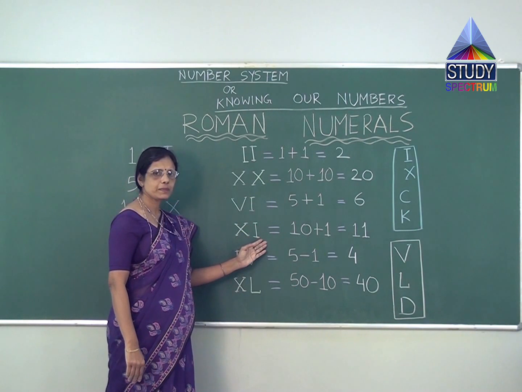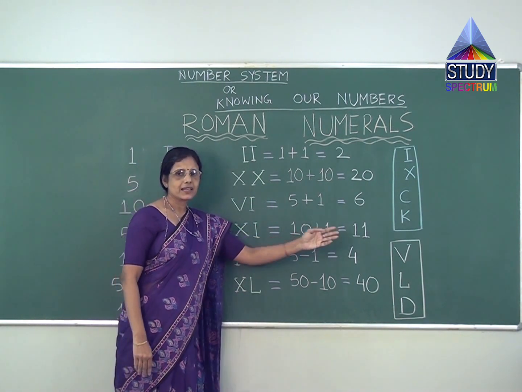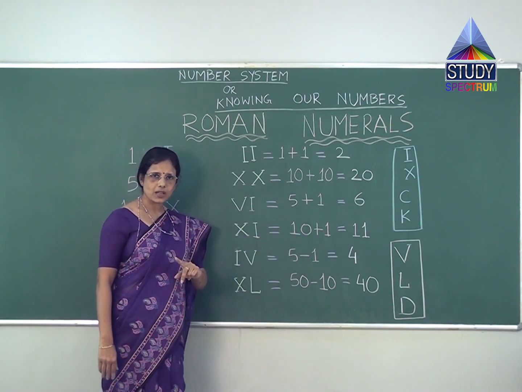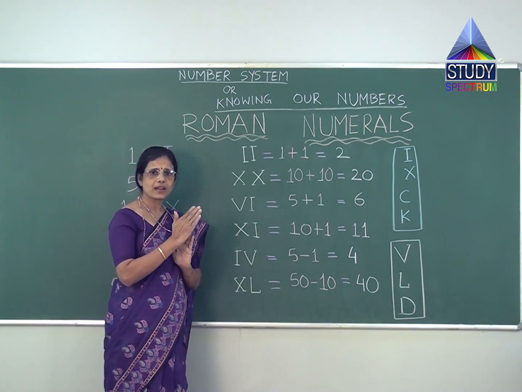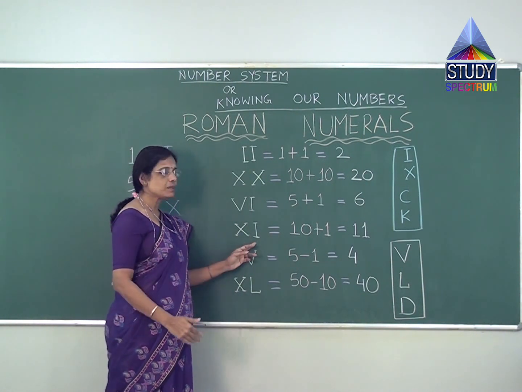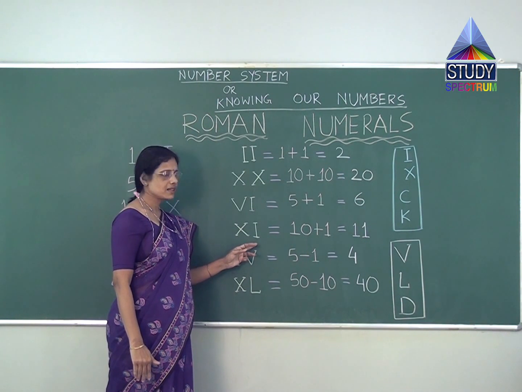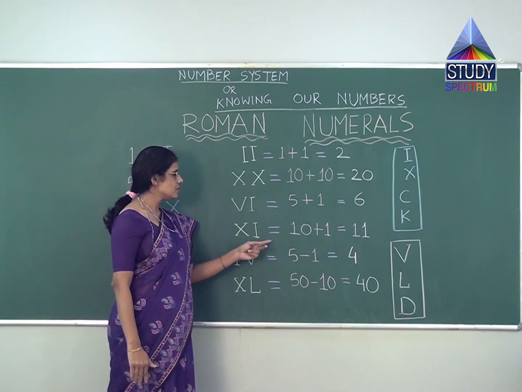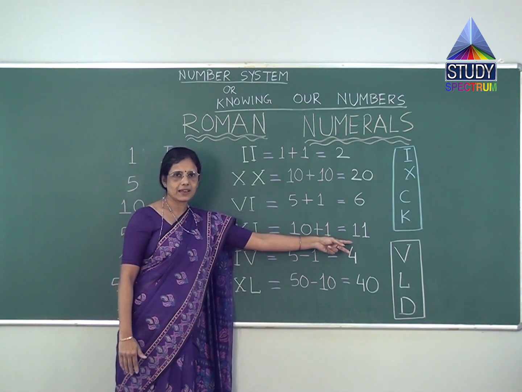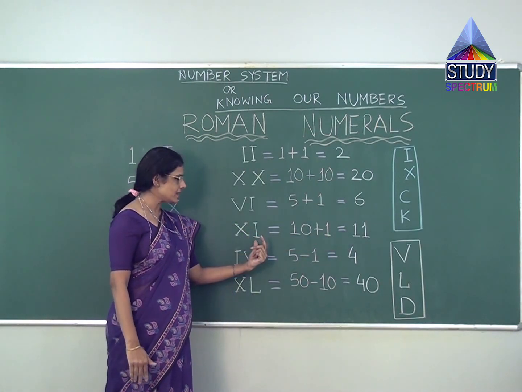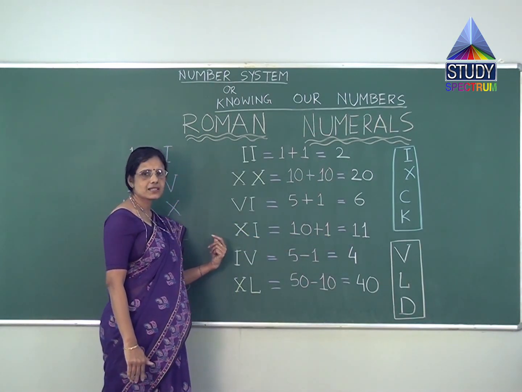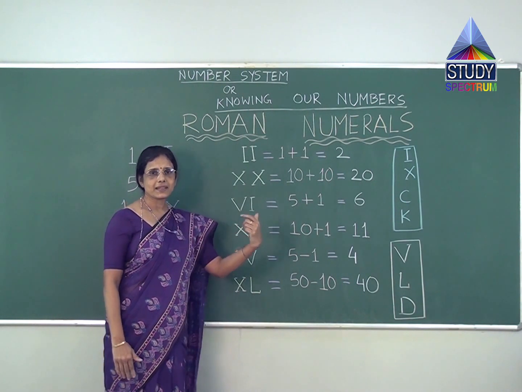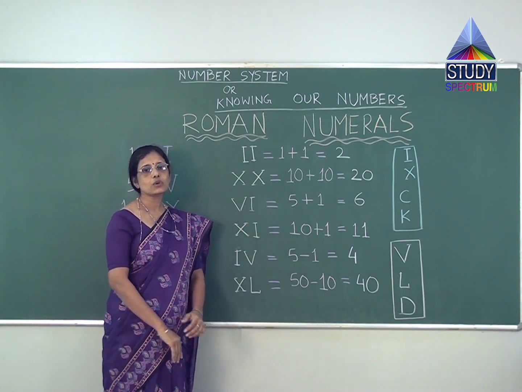Another example you can pick up. Suppose 11. 11 means 10 plus 1. Now 1 is smaller than 10, so 1 will be right side of the X. It means XI will give 10 plus 1, which is 11. And the same I, if I put before X, it will be 10 minus 1. So that will give you 9.